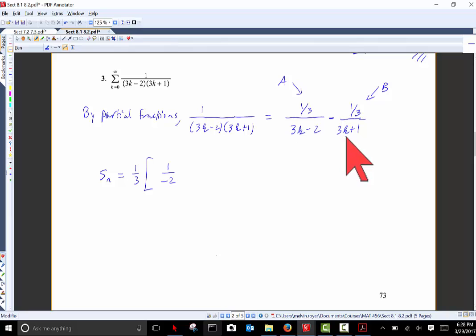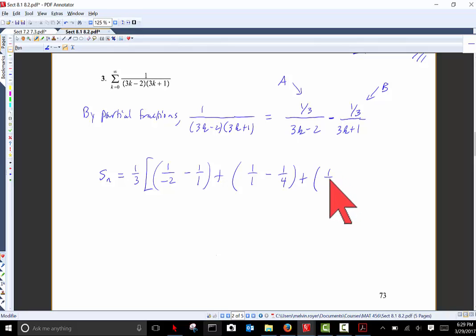Okay, so then when k equals 0, the second term is minus 1 over 1. Those get grouped together. Then the next pair is when k equals 1, and so we get a 1 over 1 minus 1 over, and when k equals 1, this term has a denominator 4, so there's a pair.